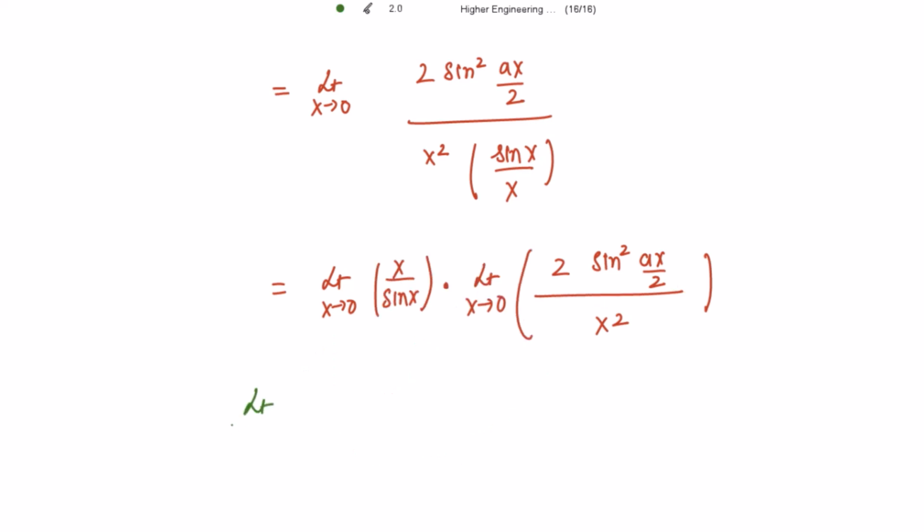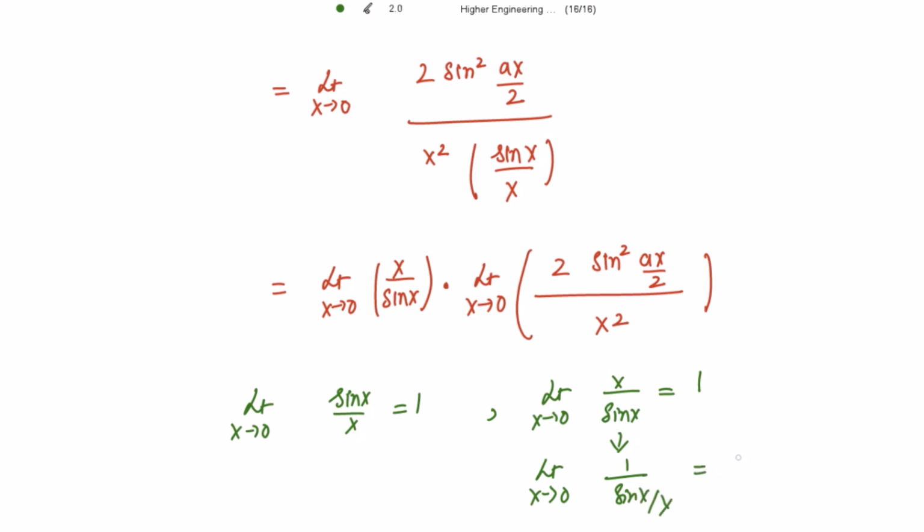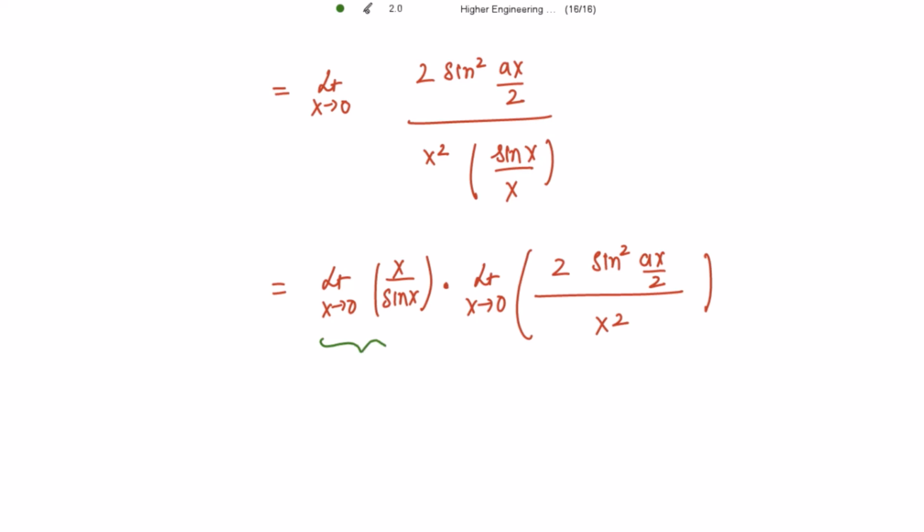And as we know that limit x tends to 0 of sine of x divided by x is equal to 1, and limit x tends to 0 of x divided by sine of x is also equal to 1, because we can write this as limit x tends to 0 of 1 divided by (sine of x by x). So from that we get this to be equal to 1. So this limit is equal to 1. So this is equal to 1 into limit x tends to 0 of twice of sine square (ax divided by 2) divided by x square.